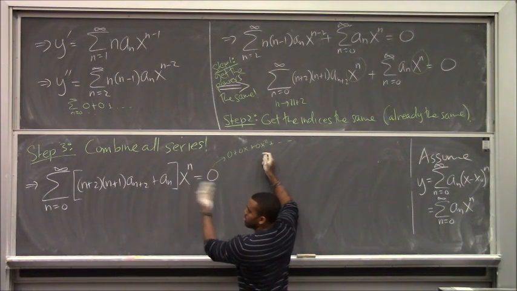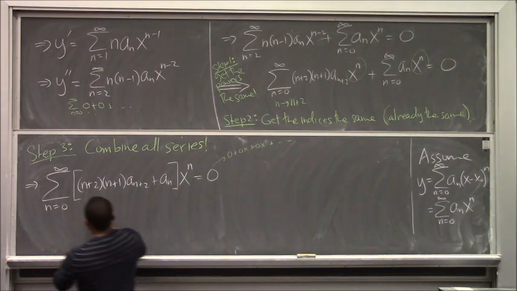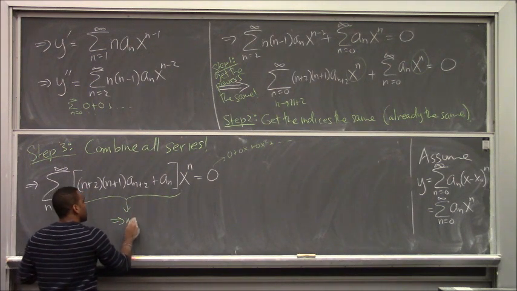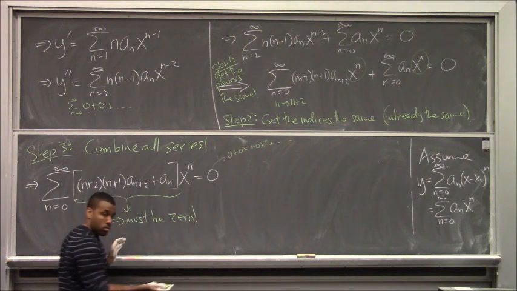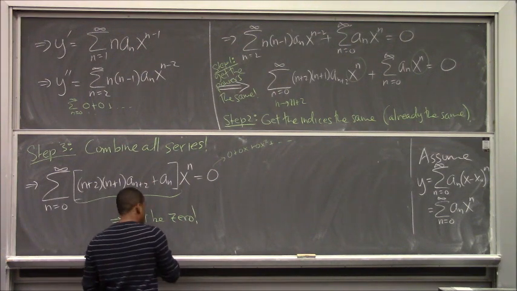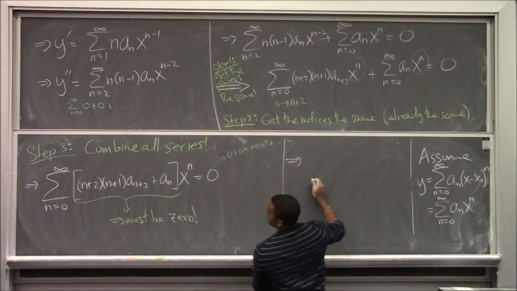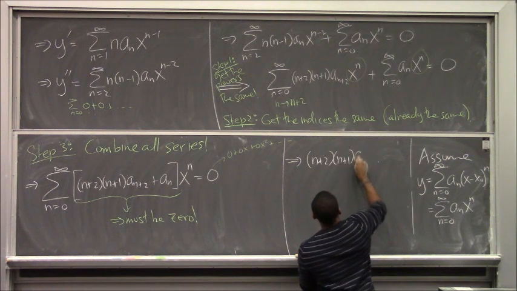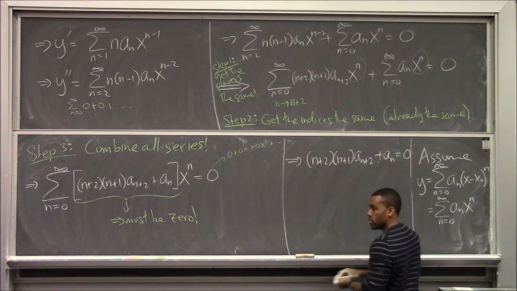So you equate coefficients of like terms, and you get that this here must be 0. That means (n plus 2)(n plus 1) a_(n plus 2) plus a_n equals 0.